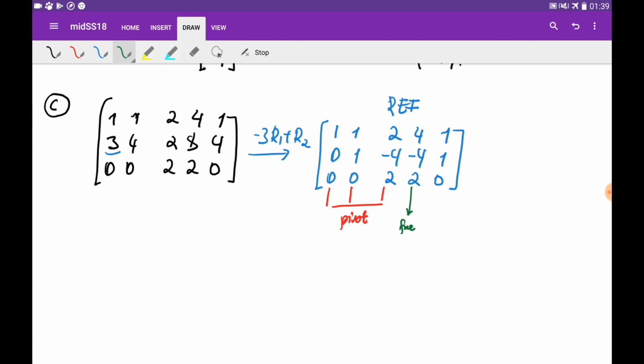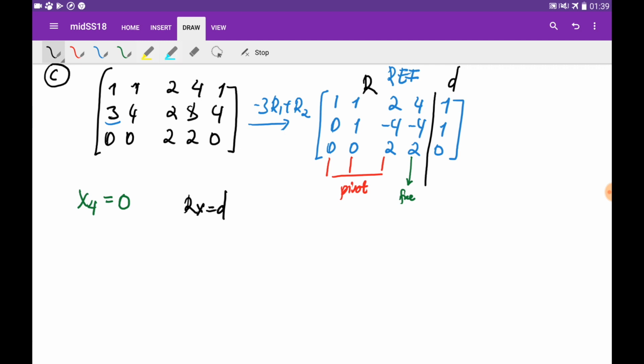So that is why x4, which corresponds to the fourth column, is going to be the free variable. And in order to find a particular solution, we need to set this equal to 0 and solve the system Rx = d, where the R matrix is this matrix, the row echelon form of A, and d is this vector which we obtained when we did the row eliminations.